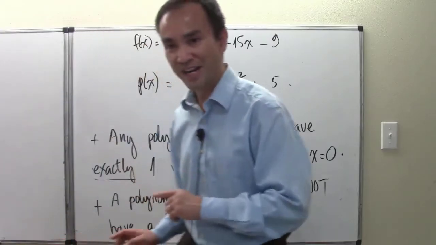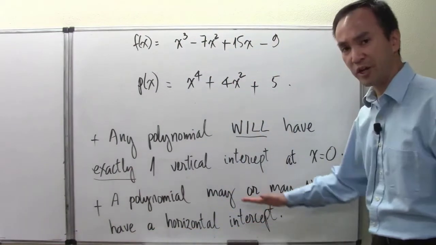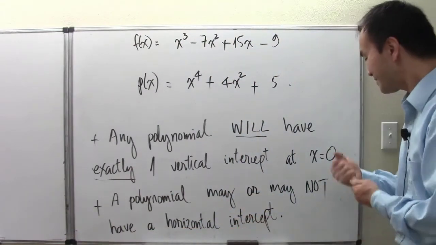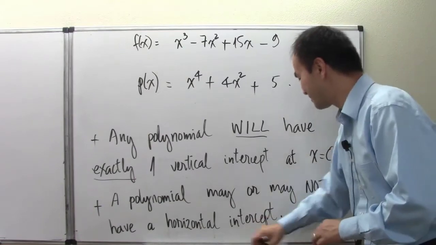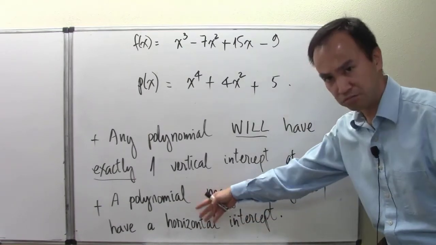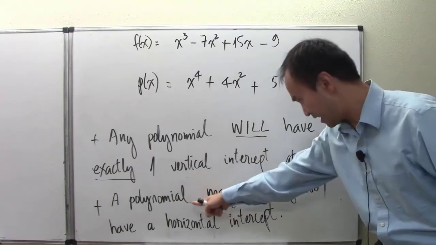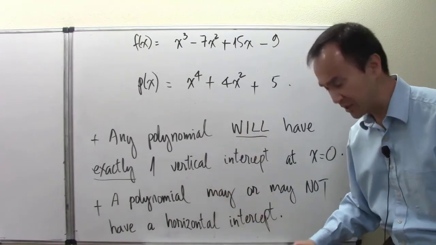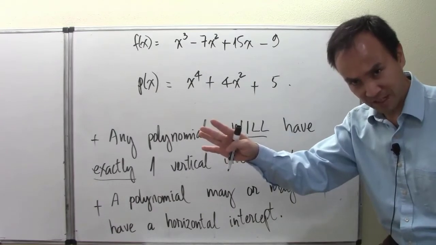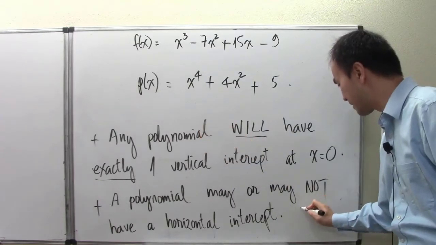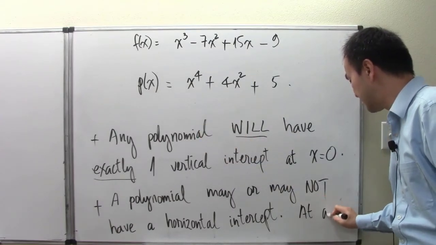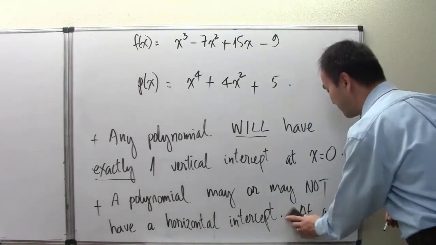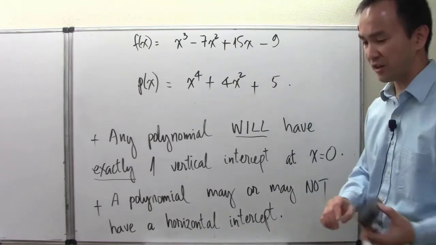Let's draw out another general understanding regarding horizontal intercepts. No doubt about it, a polynomial may or may not have a horizontal intercept. But if it has one, let me continue this observation on the other board.